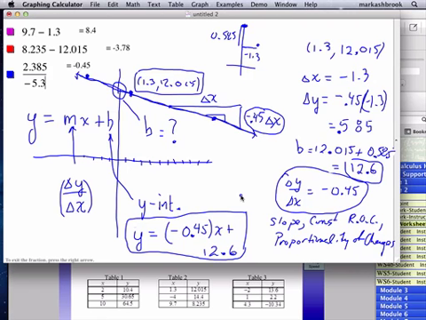Okay, so let's go on to page 49. We're going to go on to worksheet 5, numbers 1 through 5. I'm not going to change anything.